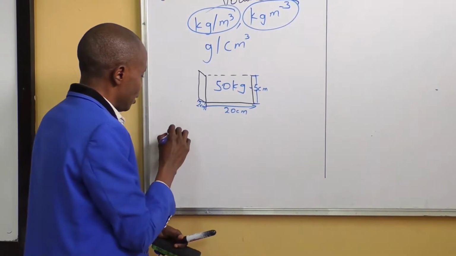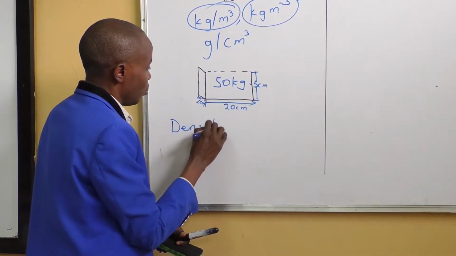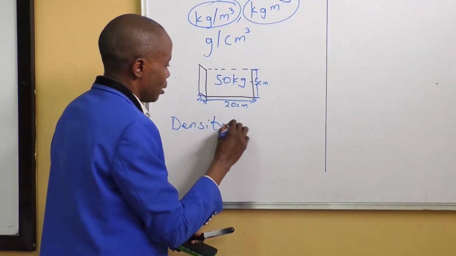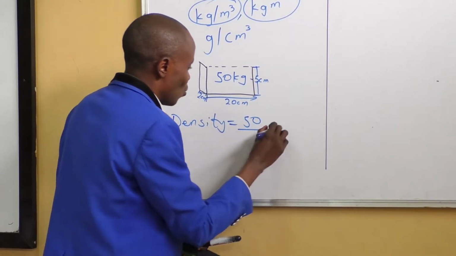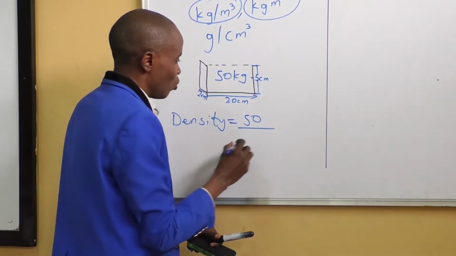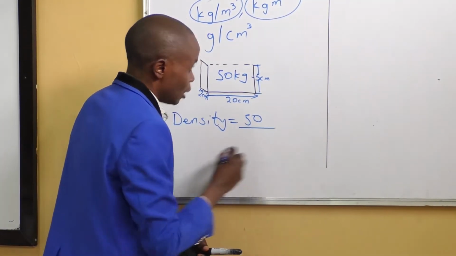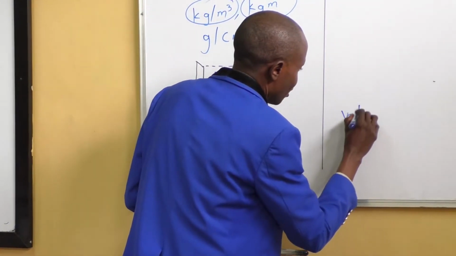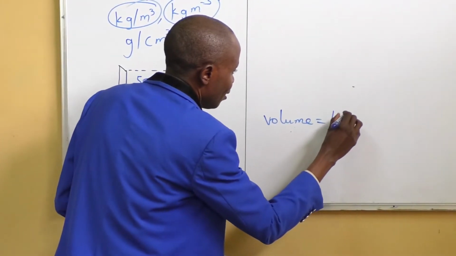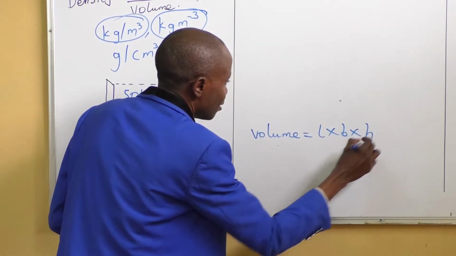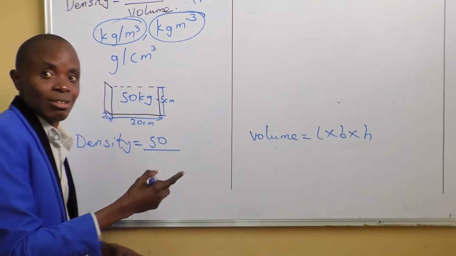Now, to find the density, what do you just do? Very simple. Density is mass, 50, over volume. Now, what is the formula for volume? Volume is length times breadth times height, at least for a rectangular object.